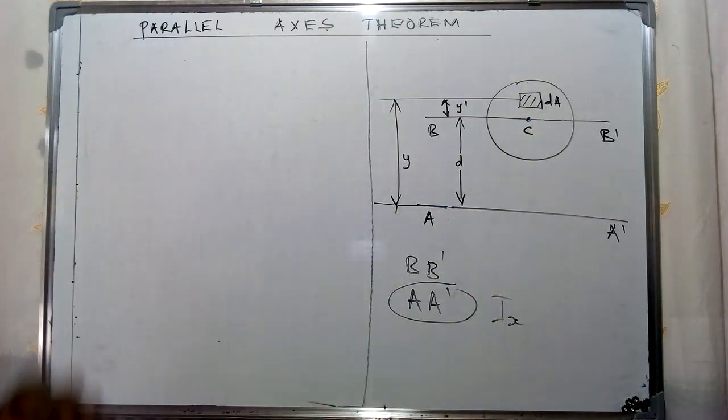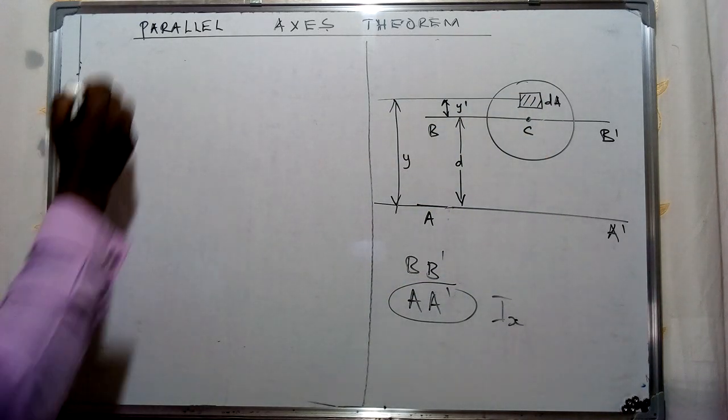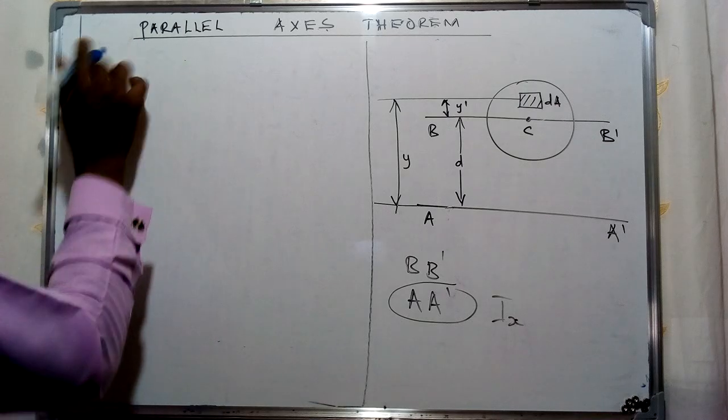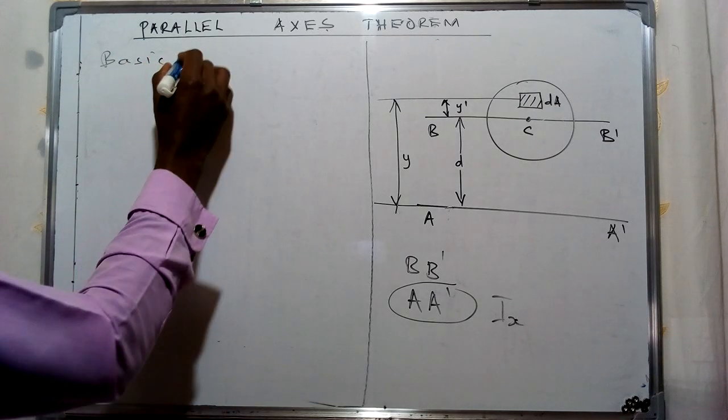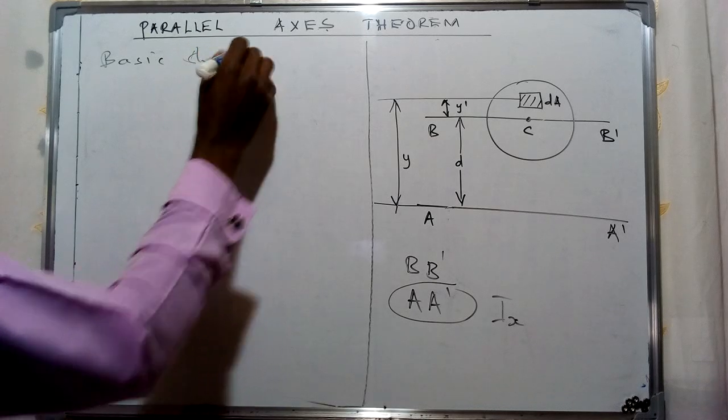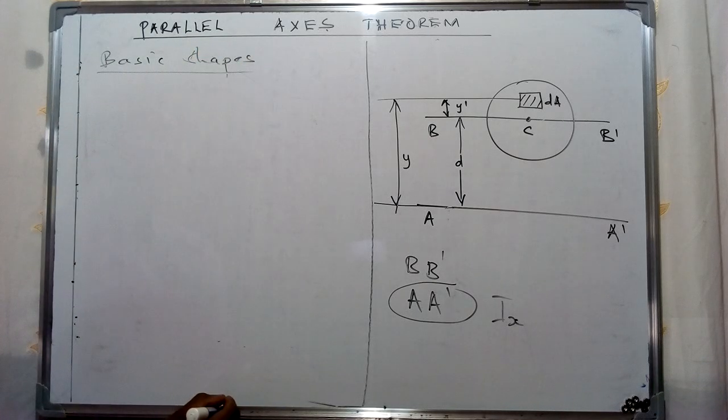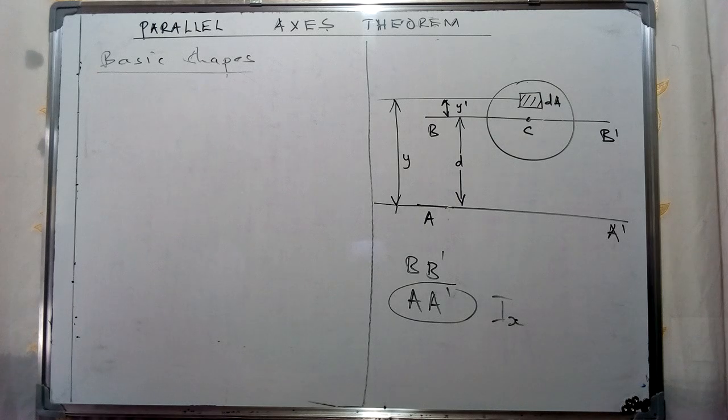And dA is going to denote that area segment which we have been using in our previous videos. Now, in this case, we're going to consider some of the basic shapes which we have looked at in our previous videos. And these are going to give us some idea on how we can evaluate the moment of inertia of an area with respect to this specific axis.